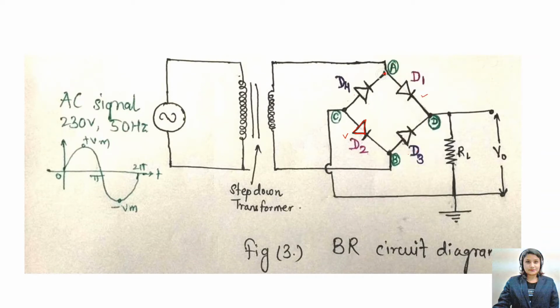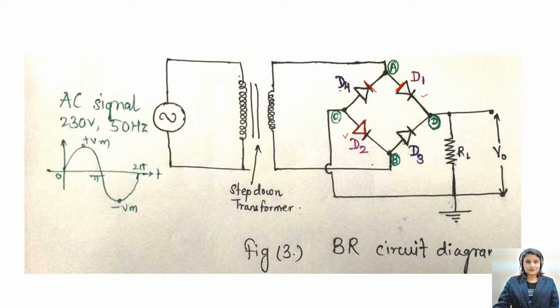This is a node forming at point A. At point A, the anode of the D1 diode is connected, while it is also the cathode terminal of D4. This is how, if you keep the diode direction, then and only then is full wave rectification possible.